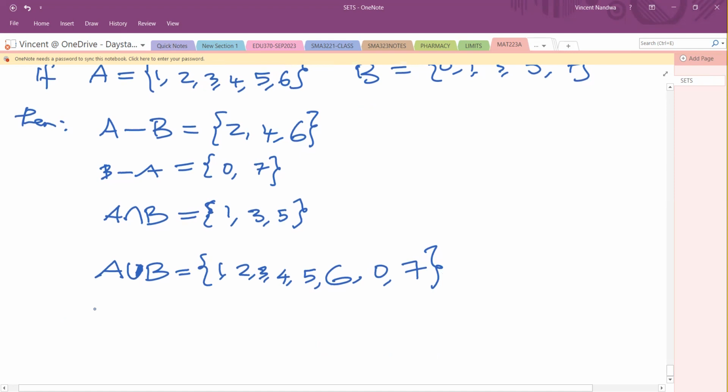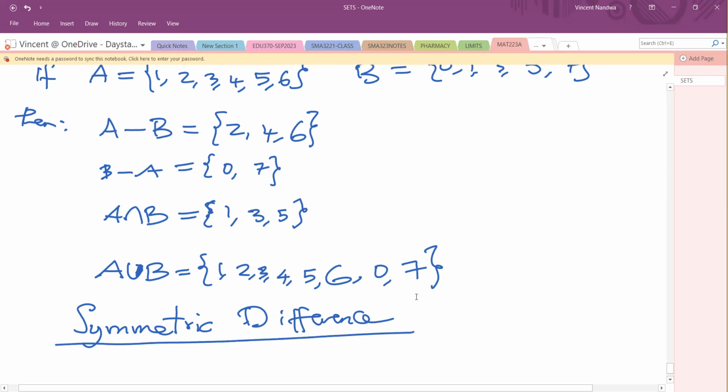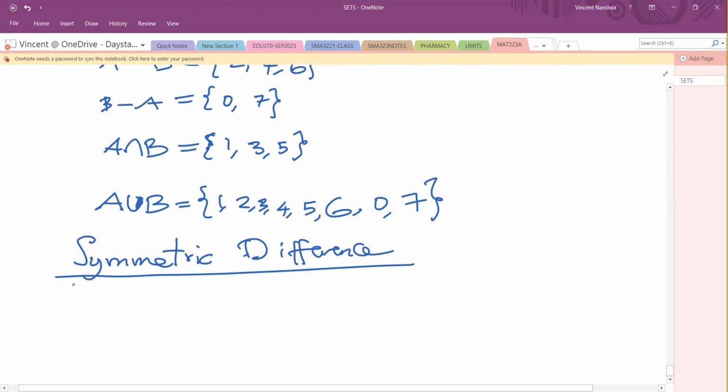So the next set operation is what we call symmetric difference. Let A and B be two sets.